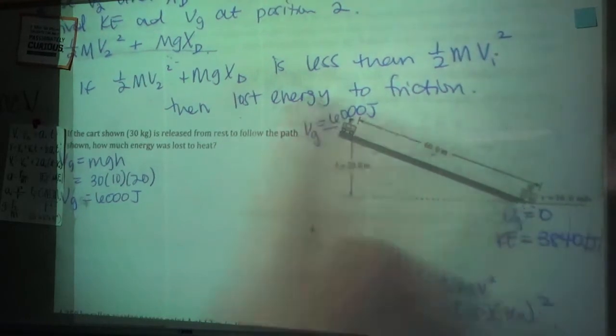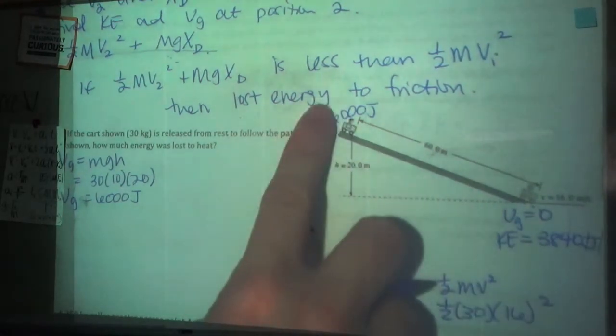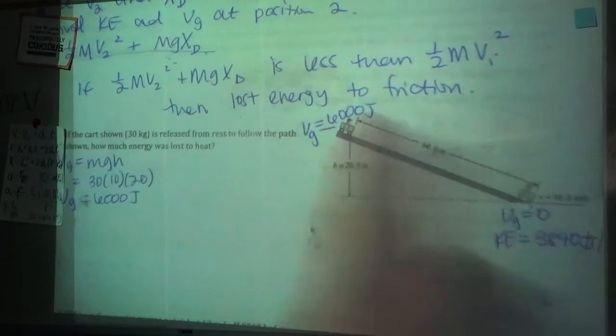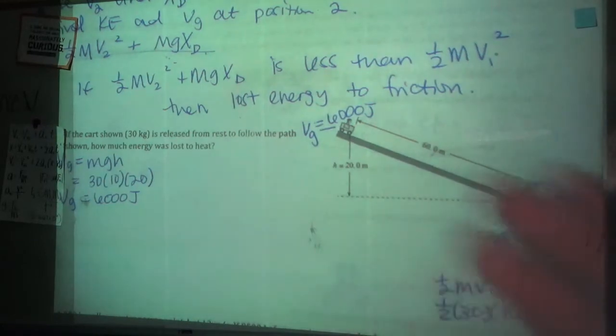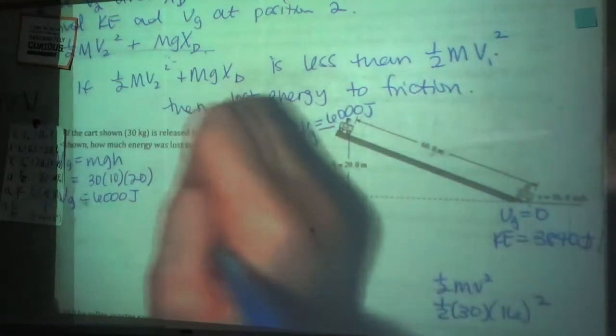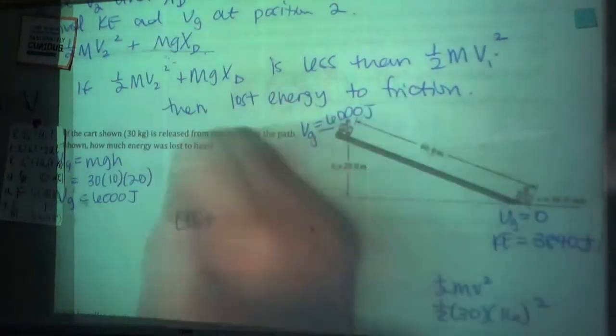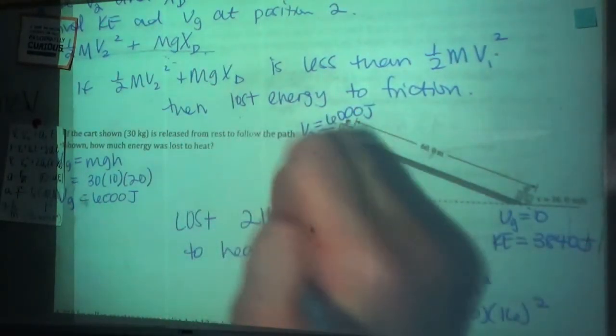And then it's pretty easy to say, okay, if there was no friction, that should have been 6,000. So if I start with 6,000 and I end with 3,840, then how much did you lose? Well, you just subtract, so that means you lost 2,160 joules to heat or friction.